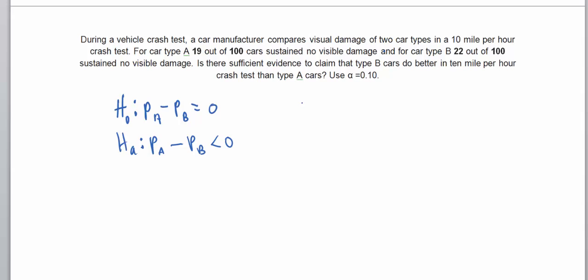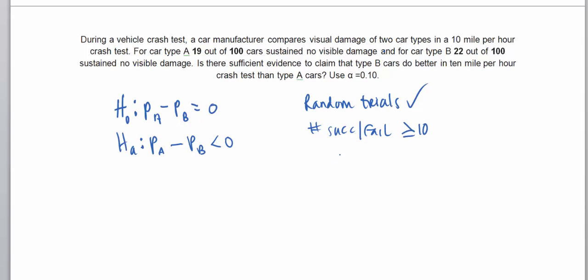We should always make sure that our samples or our trials are random, and in this case it's more of an experiment, so we have random trials. And we need to have a large enough sample size. We need to know that the number of successes and failures for each group are greater than or equal to 10.